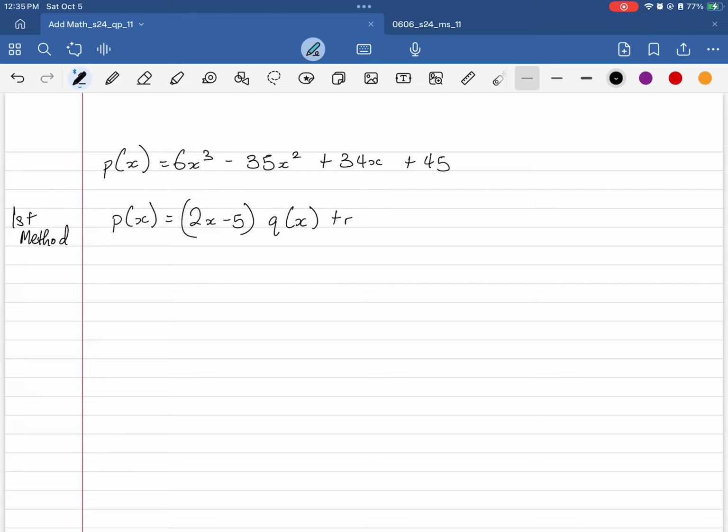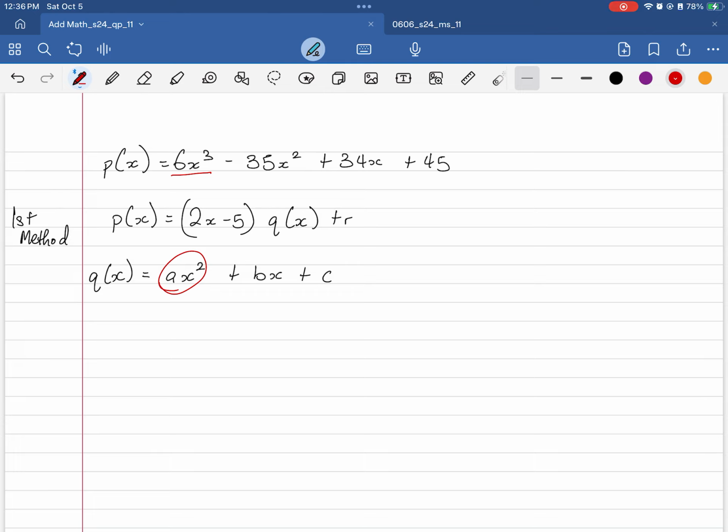Now this first method, you are going to rewrite q(x) as ax squared plus bx plus c. Now you may be asking, why is it ax squared, why is it not ax cubed or something like that? To find the highest power of q(x), in this case which is 2, you have to look at your original polynomial.